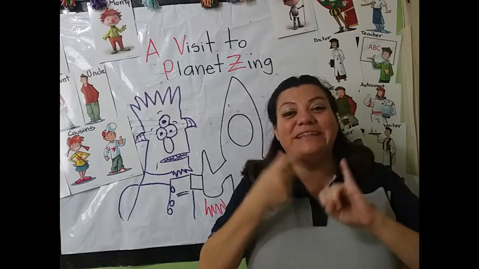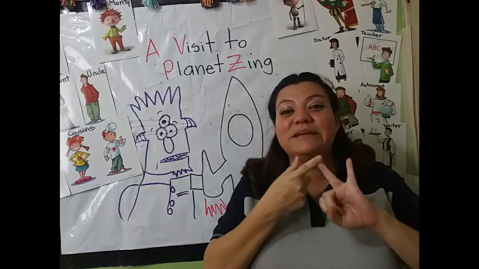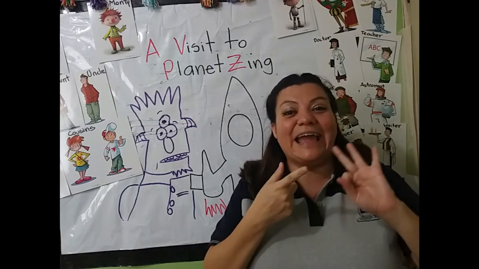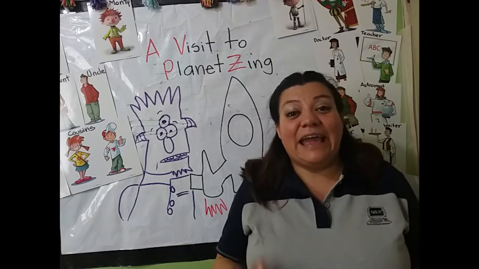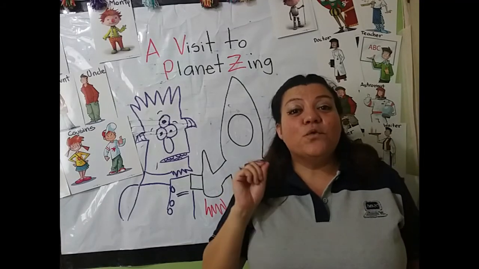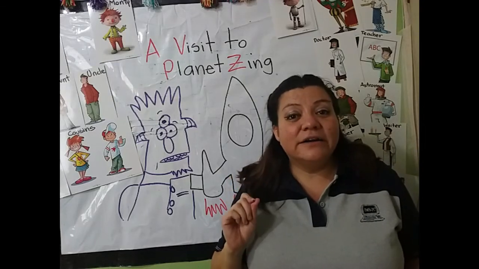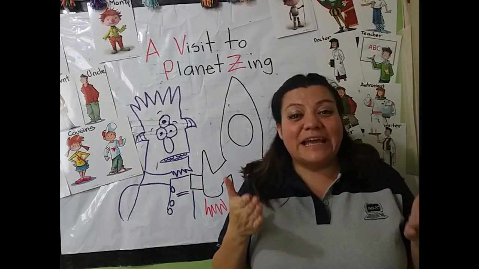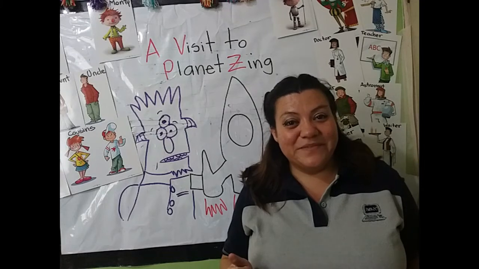First, you're going to write the setting, and then the beginning, the middle, and the end. And you're going to write in the foldable the questions that are in your midterm test guide, okay?